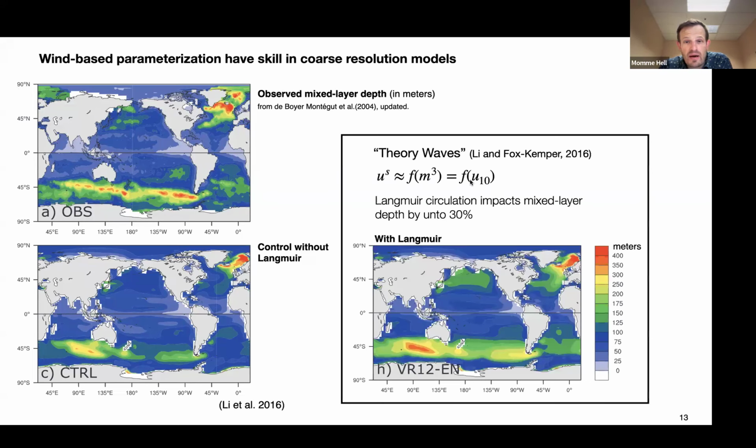You can improve that by making theory waves, which is a Stokes drift parameterization. So the waves induce Stokes drift at the surface, which is just a function of U10, and they utilize the Pierson-Moskowitz limit to do that, right? And you see they get an improvement of the mixed layer depth by about 30%. The mixed layer depth here on the lower right looks way better than the stuff in the upper left.